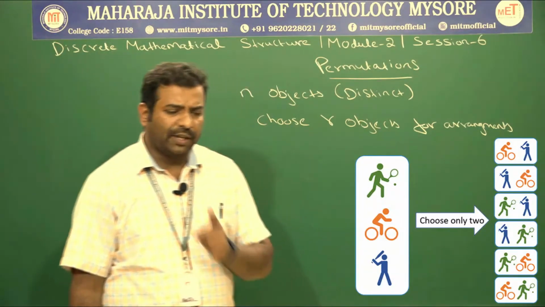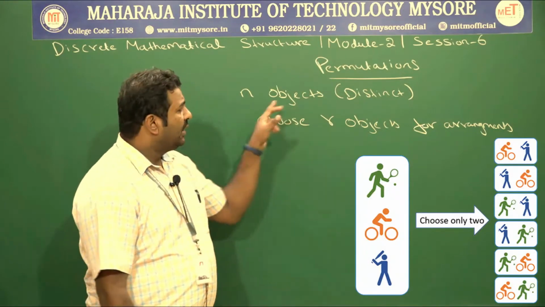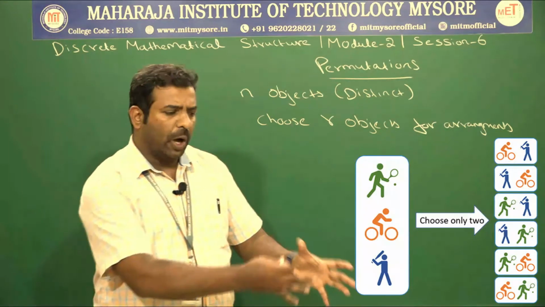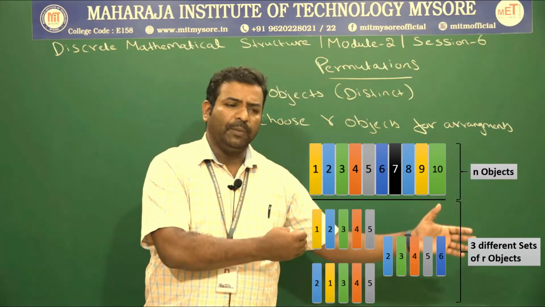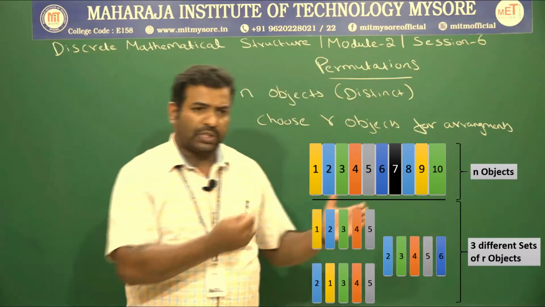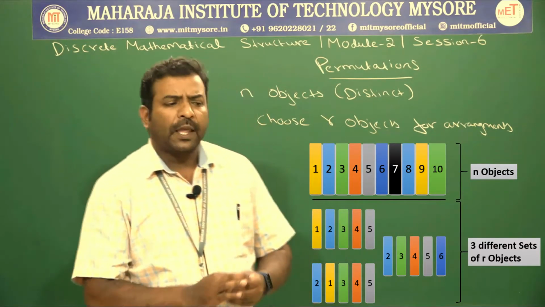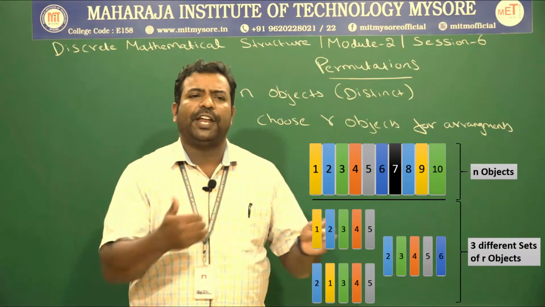Let me put it in other words. I've got n objects, and out of these n objects I need to choose R objects. That is, I've got 10 books, and out of those 10 books I'm going to pick any 5 books. The 5 books which have been picked, I can arrange in any order.